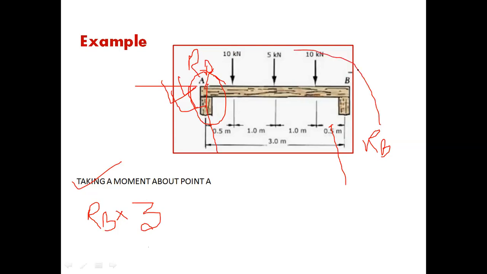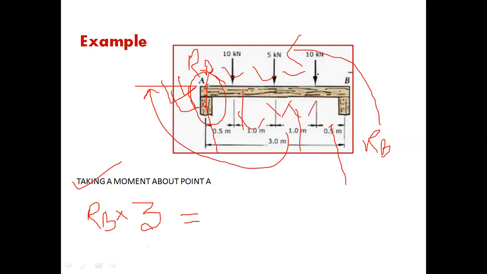So we can write the moment RB into 3. This moment is the anti-clockwise moment. Therefore clockwise moment is equal to the anti-clockwise moment. Then the other three forces create a clockwise moment, in this direction.